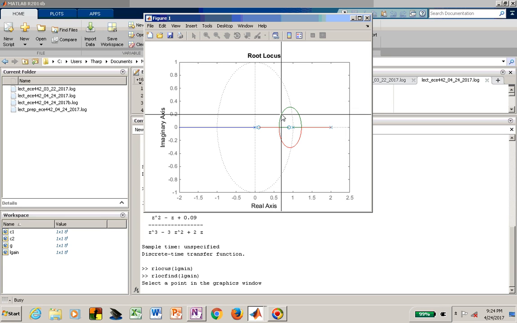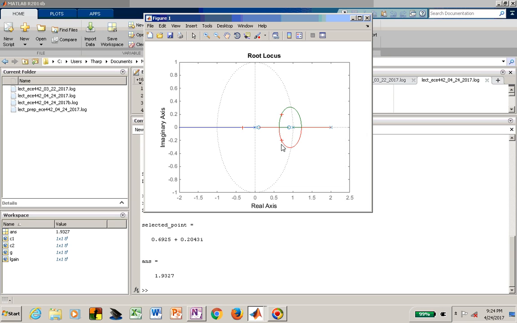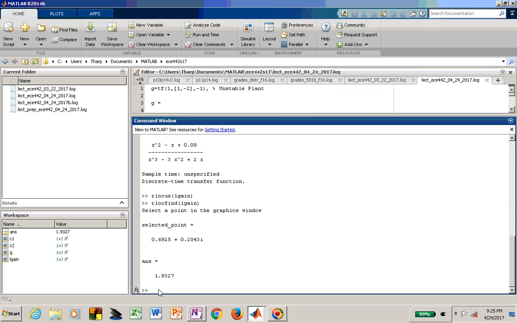So now if I left mouse click at that point, you can see my three closed loop poles are these plus signs, and that corresponded to a gain of 1.932. So hopefully now if I say, let's call C sub 3 a scaled version of C sub 2, where it's scaled now by 1.9327.